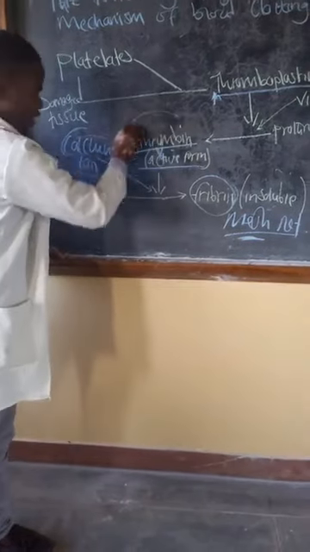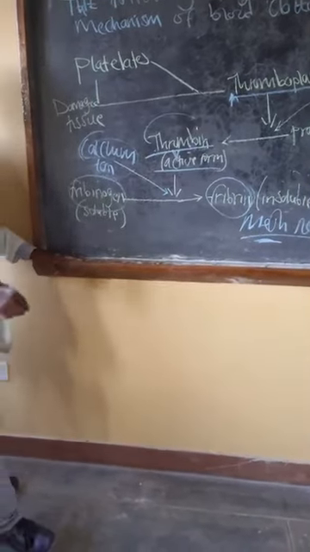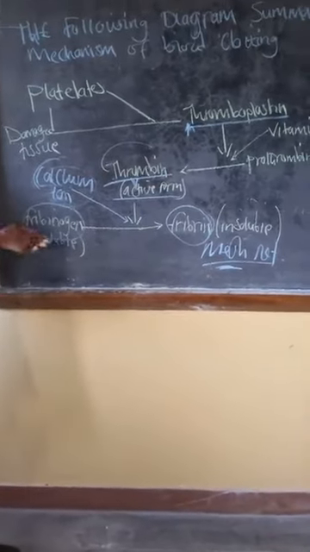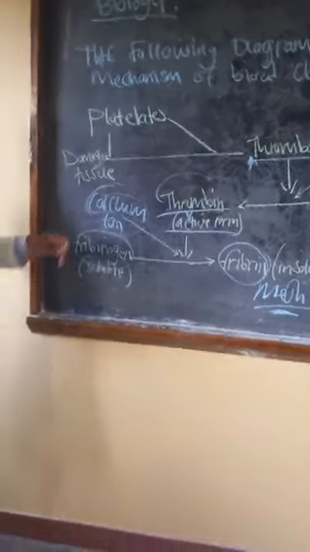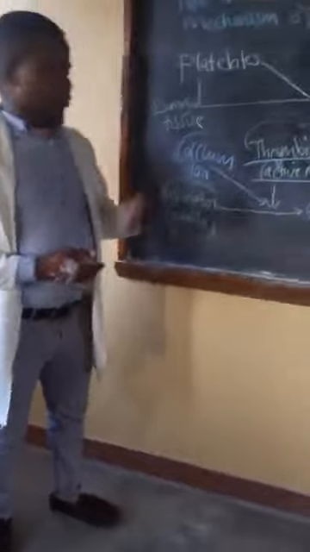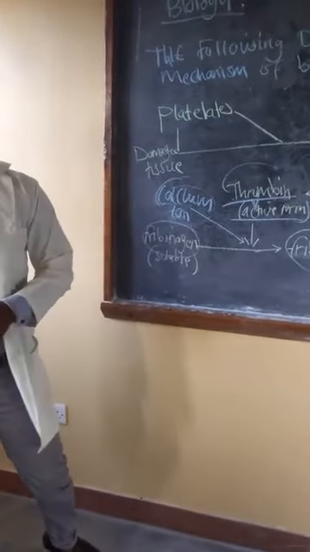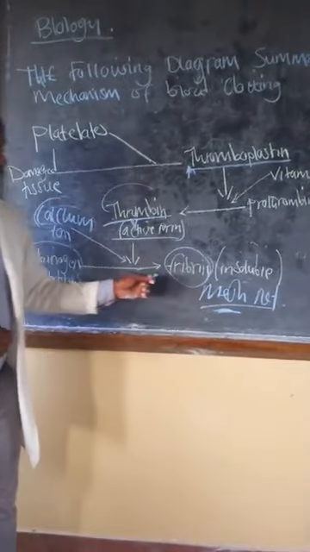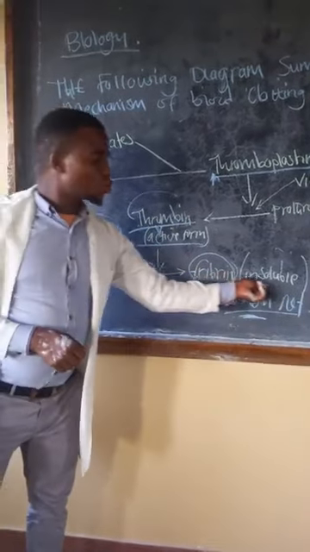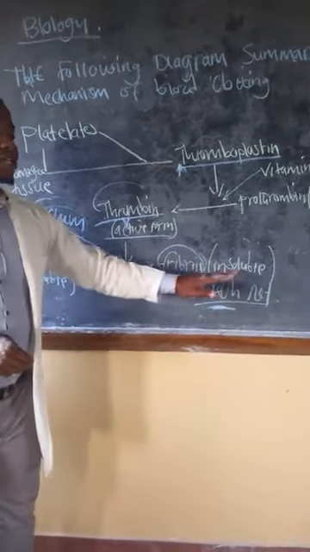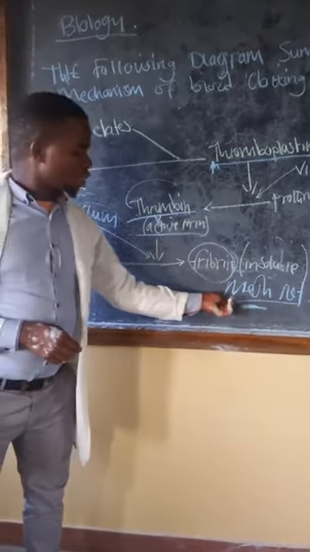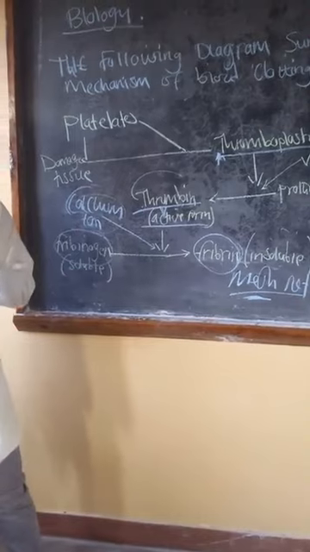So this thrombin, which is in active form, only acts on the fibrinogen, which is in soluble form, in the presence of calcium ion. So this fibrinogen will now be changed into fibrin. This fibrin is insoluble, and it is now going to make a mesh net on the wound.